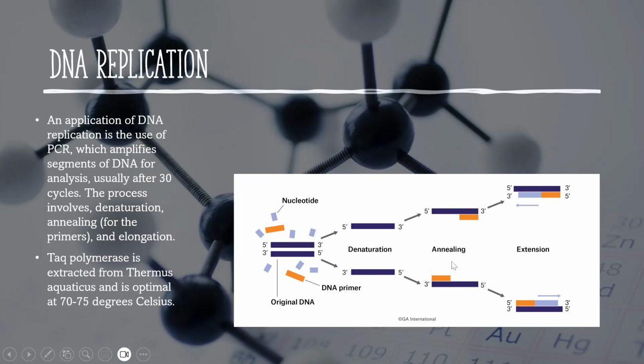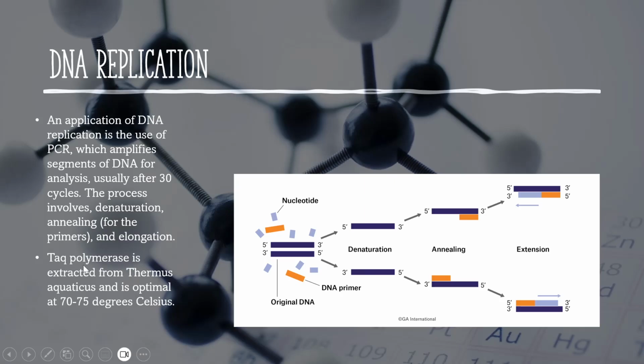The annealing part is important because it means you can study a specific DNA fragment and not a bunch of other DNA fragments. Then you have extension, where you add molecules that synthesize from free nucleotide triphosphates. That's elongation, or extension. It's the same thing. And then you repeat this around 30 times.